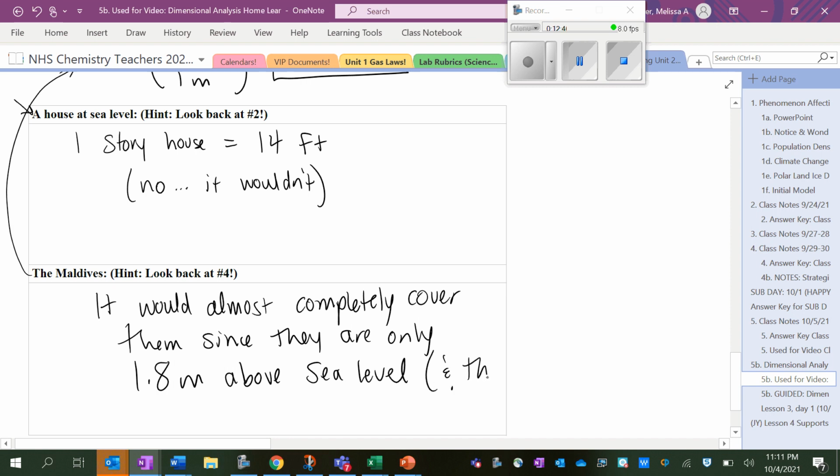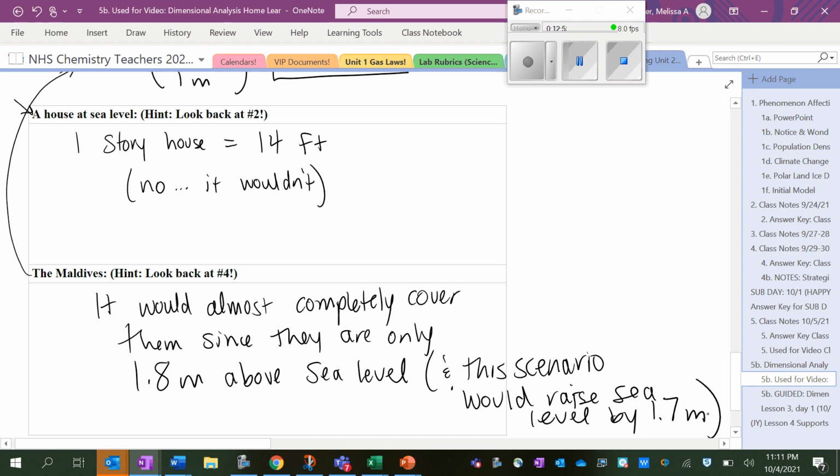And this scenario, the 25%, would raise sea level by 1.7 meters.